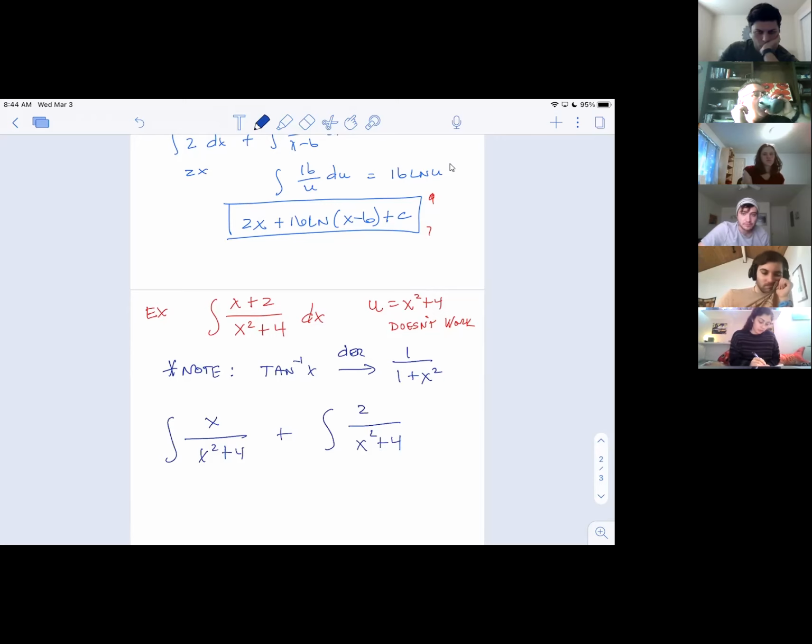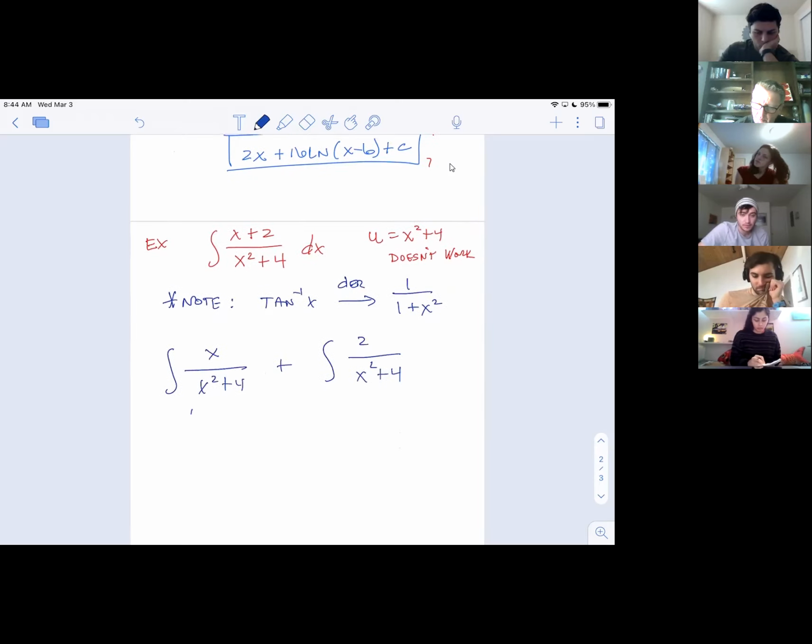Yes, I would. And this one over here can be solved with normal substitution, because if I let u be equal to x squared plus 4, and therefore the derivative of that is 2x, then that x is going to cancel the x on the top.